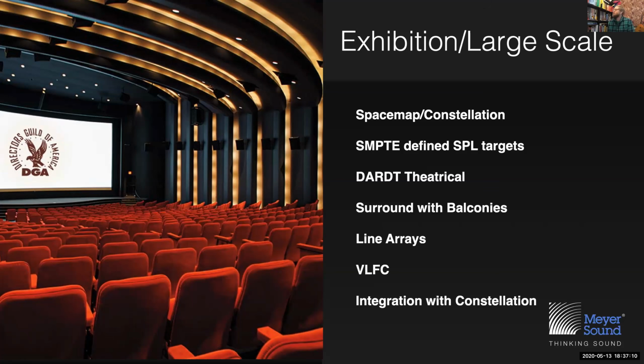All right, so Meyer Sound, we've been doing spatial systems for a long time, and I don't want to toot the horn too much, but Space Map, we've been using that in CERC. We've been moving sound around arrays of speakers for a long time, and that translated into Constellation and is now moving into Space Map Go with iPads.